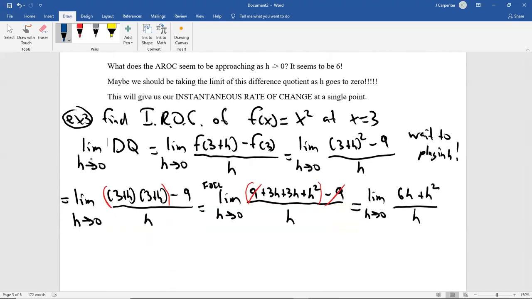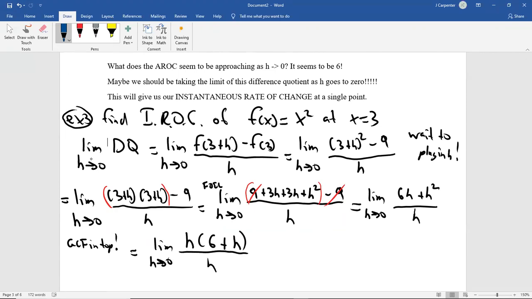But what we can do now is, in the top, there's a GCF. This is a very common issue. So let's factor it out. So that's the limit as h goes to 0. Take an h away from the 6h and the h squared. What are you left with? Taking it from the 6h, you're left with 6. The h squared had 2 of them, now it's only got 1 of them when you take 1 away.